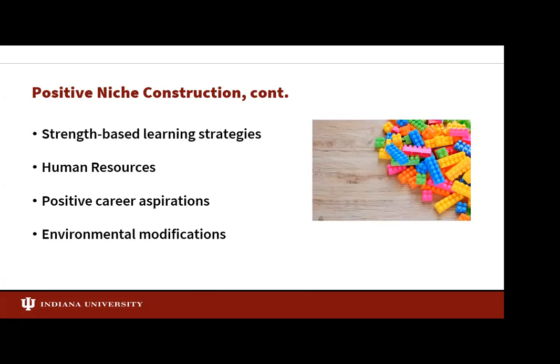Also, another thing that is addressed in the positive niche construction is strength-based learning strategies. We all know that not all students learn the same way. Some students may need audiobooks, or they may need videos in order to learn the material better, instead of the old traditional way of just reading it straight out of the book.